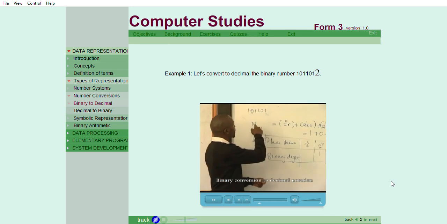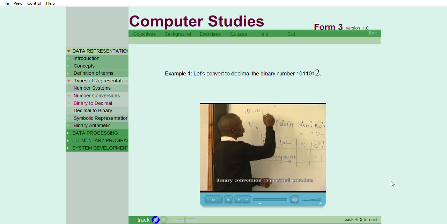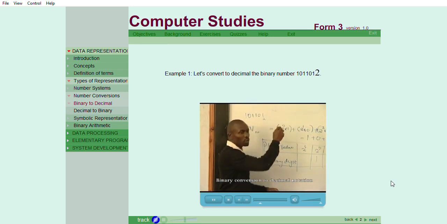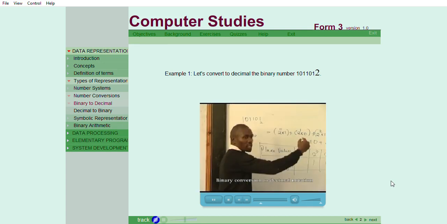So we start with the first one here, we say 2 to the power 0. This one is at the place value of 2 to the power 0, starting from the right-hand direction.